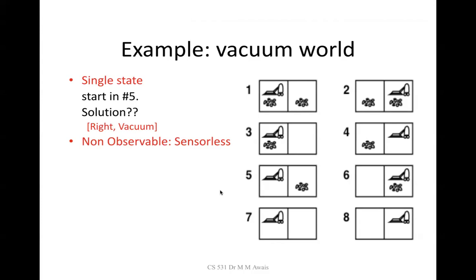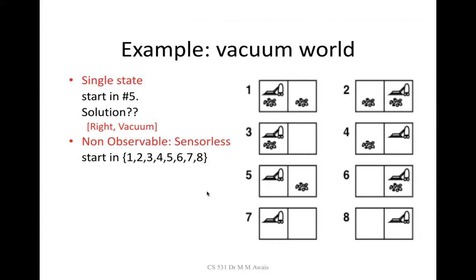Therefore, you will start from the worst scenario. The worst scenario is that you assume both the rooms are dirty and you are either in room A or in room B. Okay, and then you start performing the actions. That's the non-observable or sensorless state.